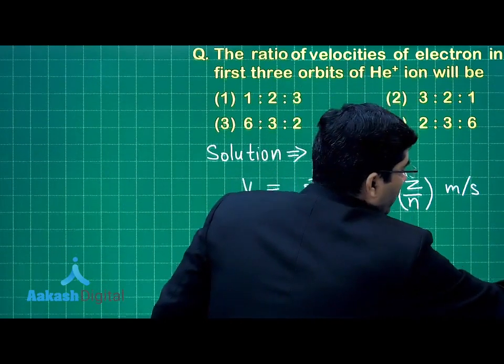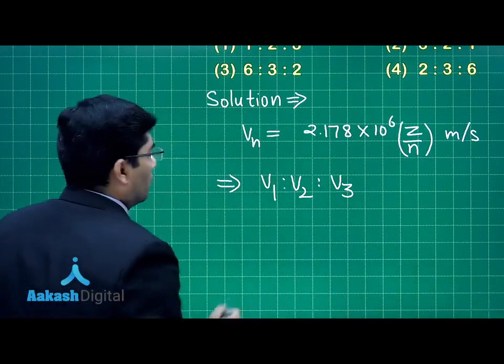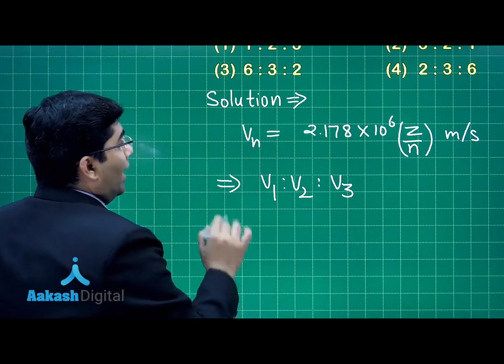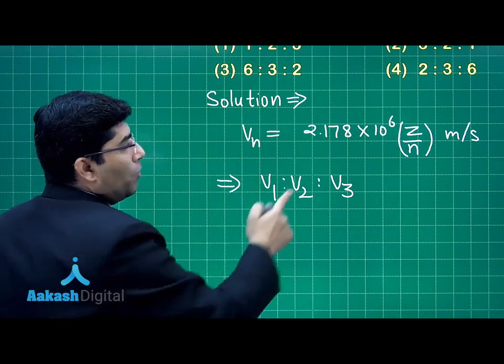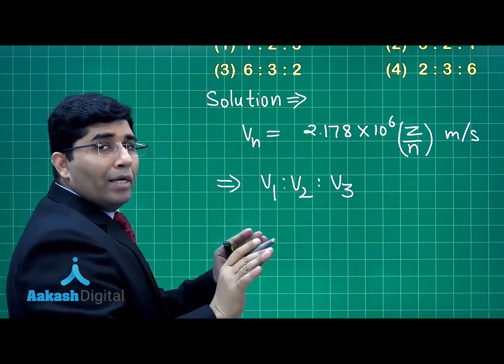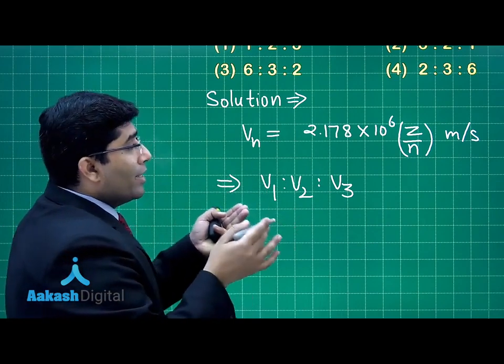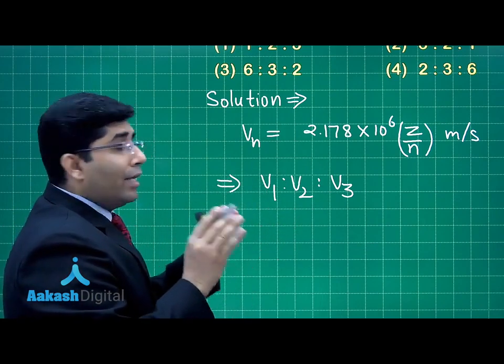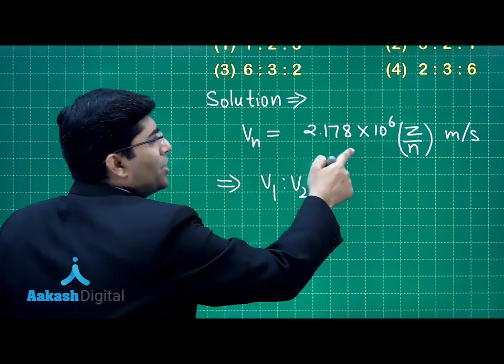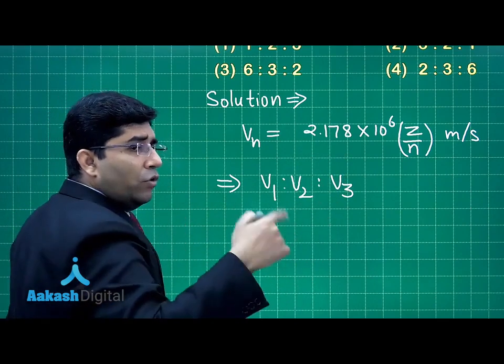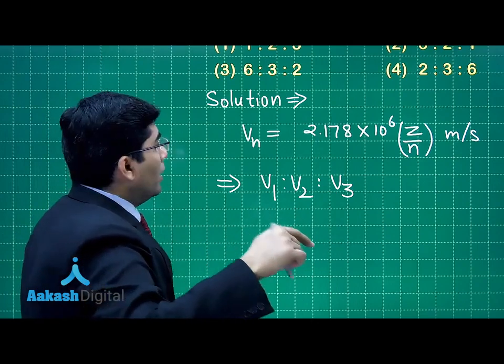When we put the value, now we know that Vn is directly proportional to z, and z we are omitting because z is the same for all the velocities. Since the species is not changing, that is helium plus only, n is changing. n is equal to 1, n is equal to 2 and n is equal to 3.